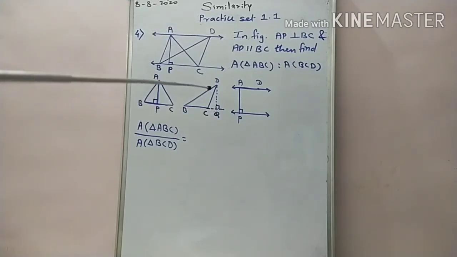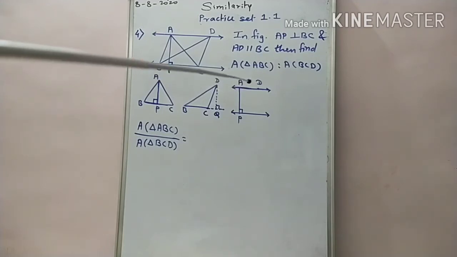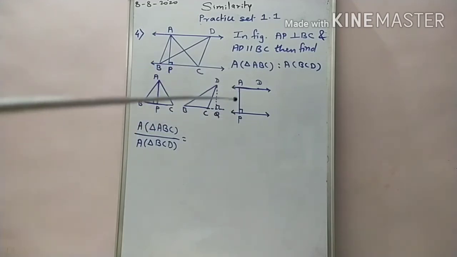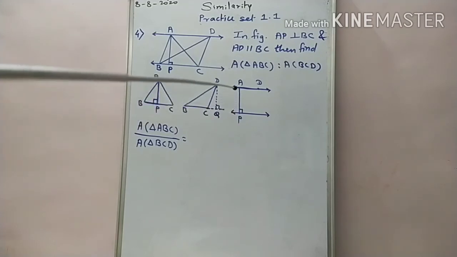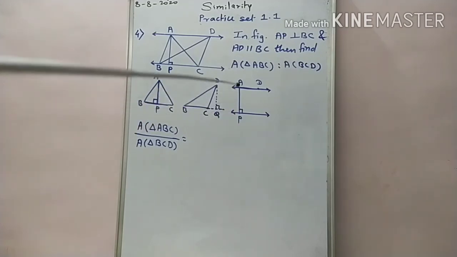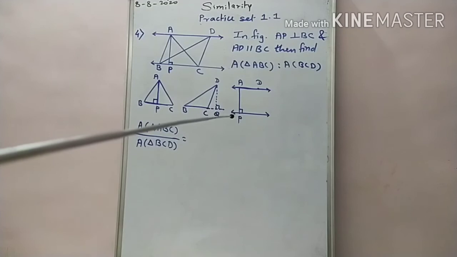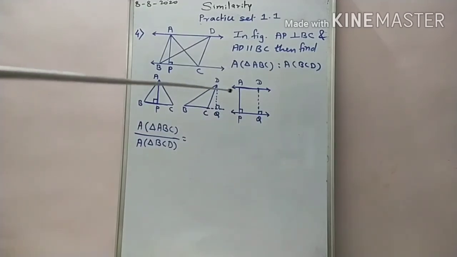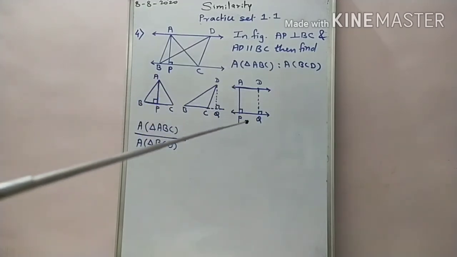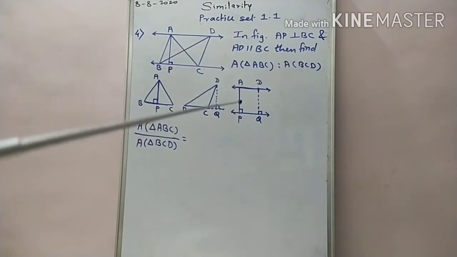So A and D lie on this line. Here we have AP as a perpendicular, and that perpendicular lies between these two parallel lines. Similarly, the perpendicular DQ is also between the same parallel lines.